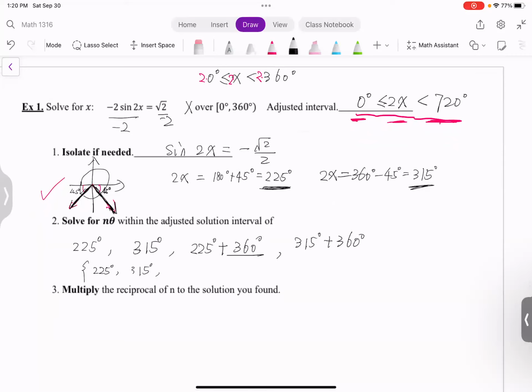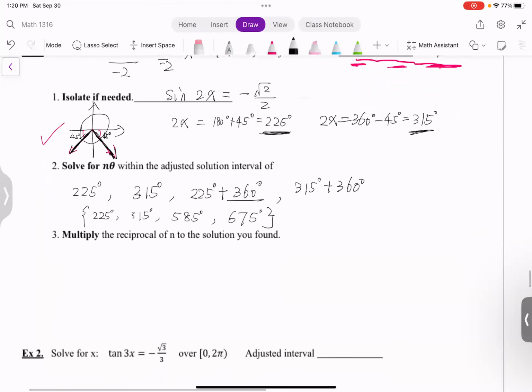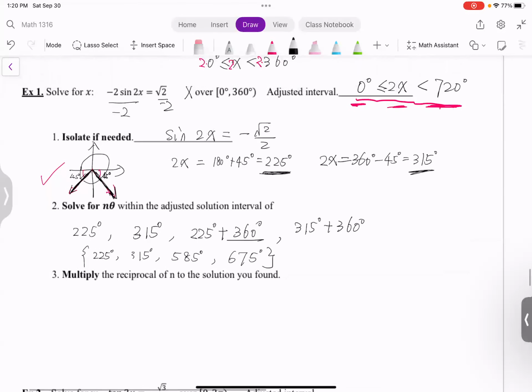So the solutions are 225 degrees, 315 degrees, and adding 360, I get 585 degrees and 675 degrees. So yes, these 4 angles are in the interval for 2x, from 0 to 720 degrees.